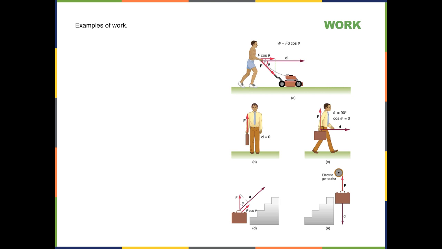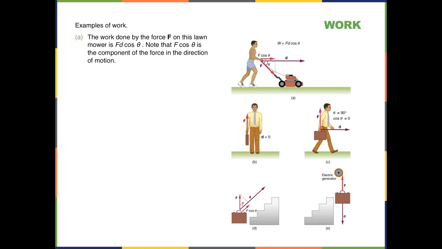Here are some examples of situations where work is being performed and where work is not being performed. The first example is a person that is doing work. Here, the force vector is down the handle, and F cosine theta represents that part of the force that's acting in the direction of displacement.